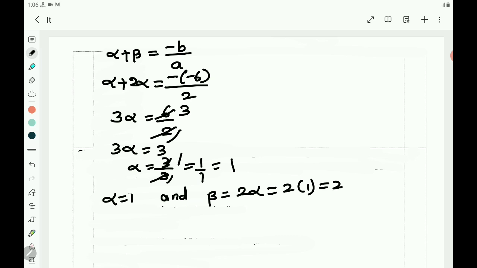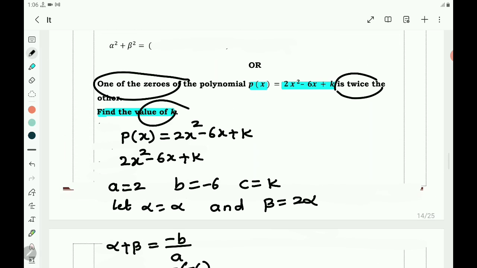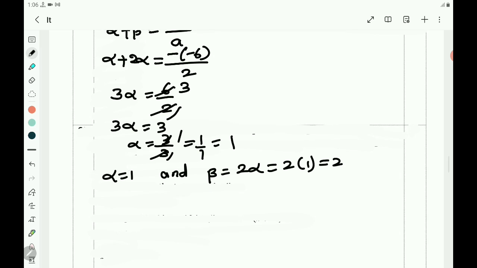Then here what you have to find out? We have to find the value of k. So you take alpha beta is equals to c by a. Alpha beta, you write alpha is 1, beta is 2 equals c is k.